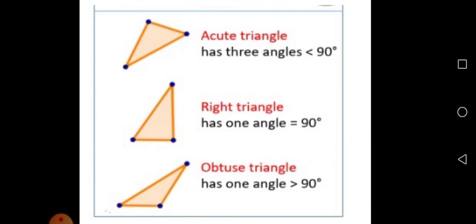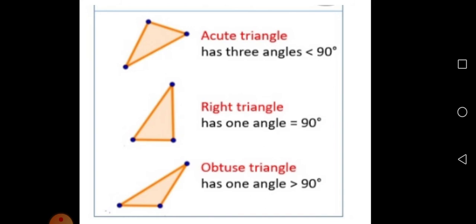Now, these are all triangles, named by their angles. Take note: if all the angles are less than 90 degrees, that is, they are not up to 90 degrees, probably they are 80, 80, 80, or 60, 70, such a triangle is called an acute triangle.